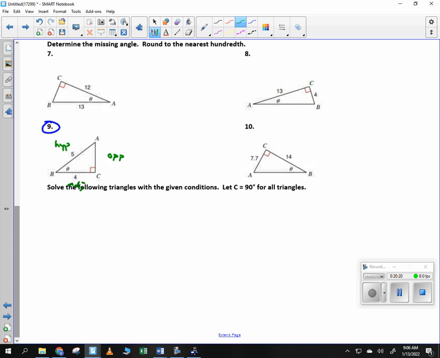If I'm given the adjacent and the hypotenuse, which one do I use? Sine, cosine, or tangent? I use cosine because that one has the adjacent and the hypotenuse. So you're going to use cosine.